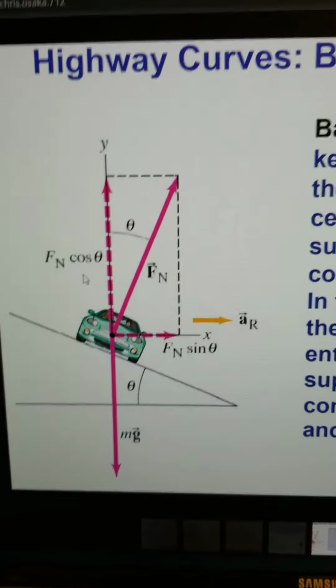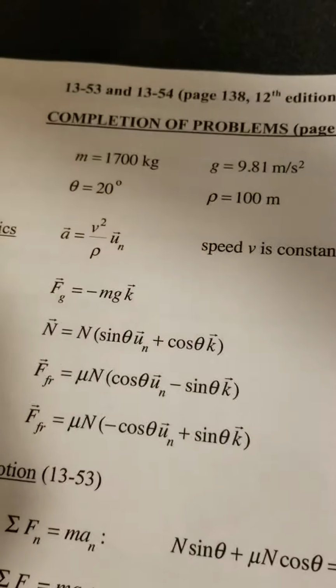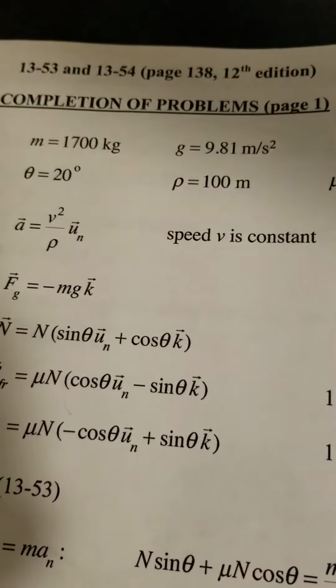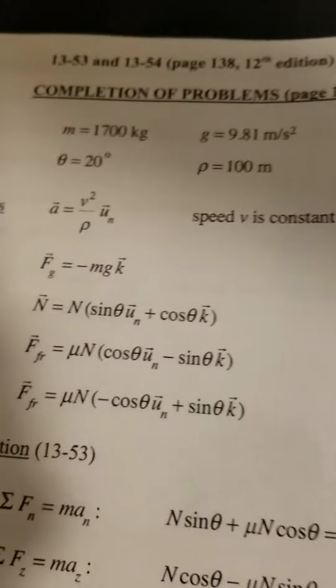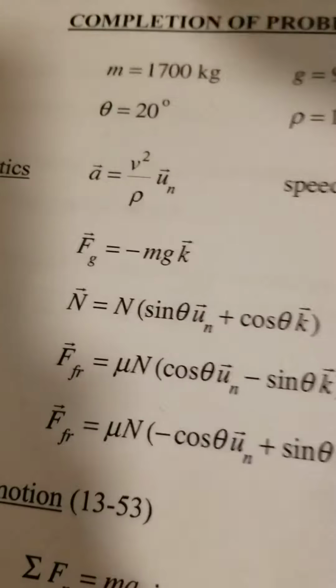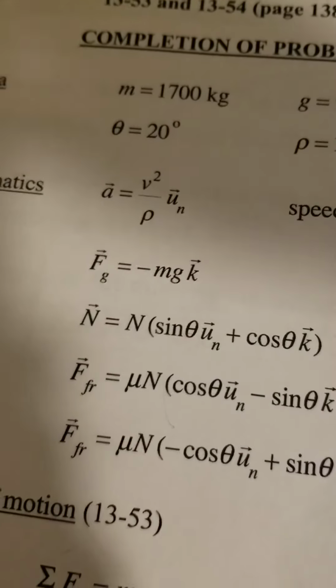Next we have the data of the problem. We're given mass, gravity, the angle of the bank, the radius, which is rho, and mu, 0.2. Here's the acceleration. The u sub n denotes the unit vector towards the center of the circle.